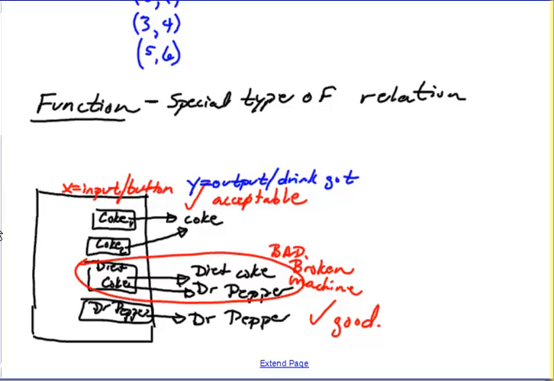It's the one that's going to change my output. So in addition to calling X an input, you could also call it the independent variable. What would that make Y? Dependent, yes. It depends on which button I push. Or it's the output, whatever makes you happy. So I'll say X is independent. And Y is dependent on X.